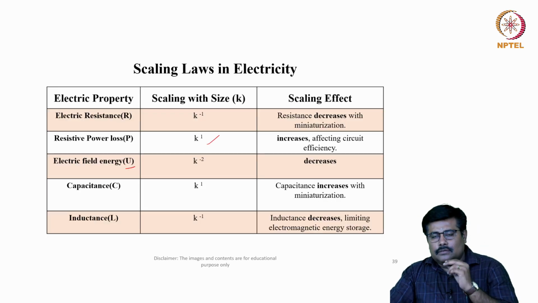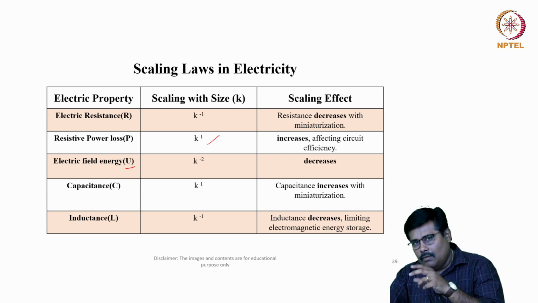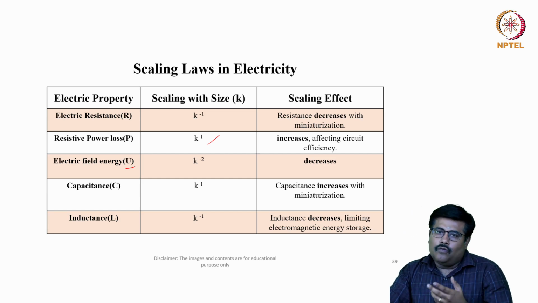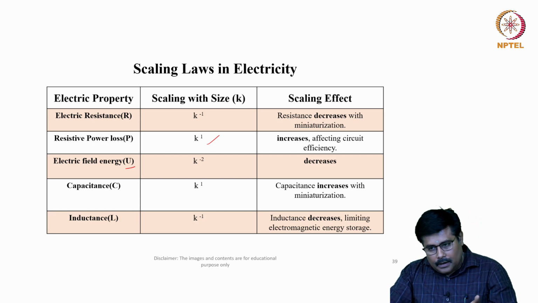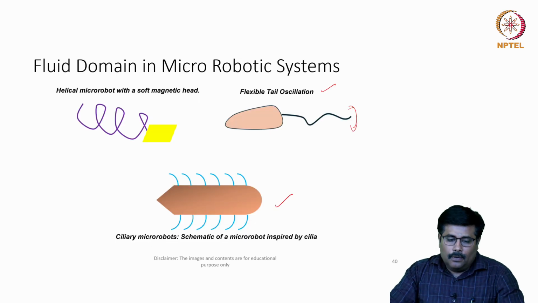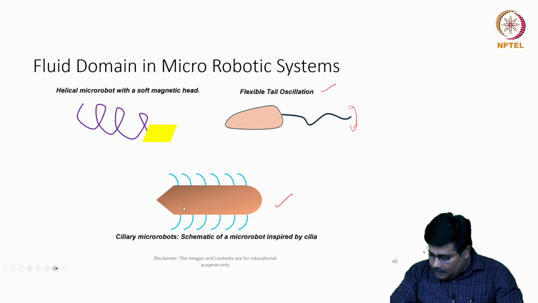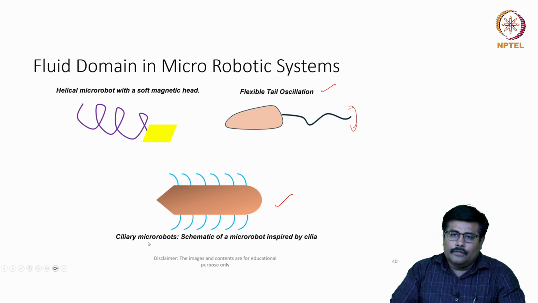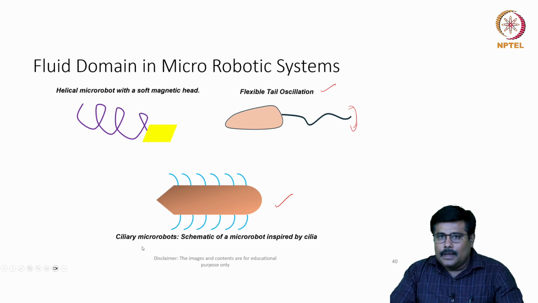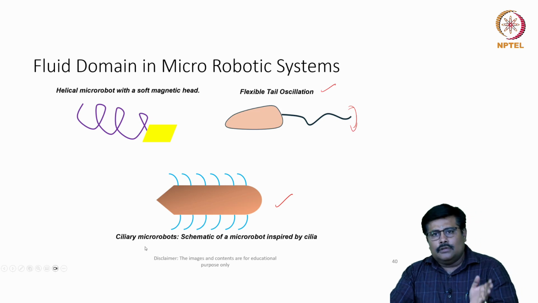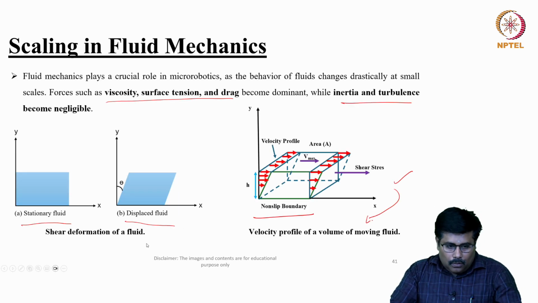This gives us clarity on how we can deploy electrical systems for an efficient design of a micro robot. Then we had an overview of the fluid domain in a micro robotic system, where we saw certain configurations of biomimicking micro robots, and how they are helpful for appropriate locomotion.